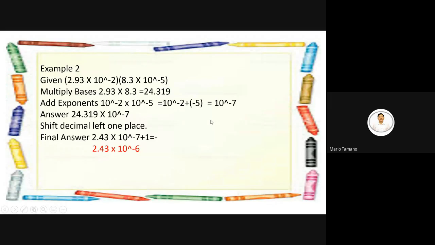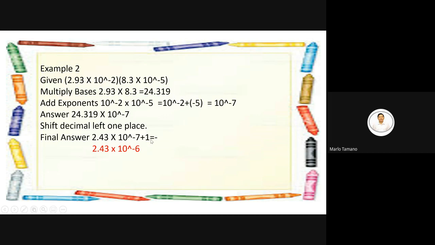Tama? Opo, sir. So, sabi doon sa integers, addition of integers, no? In adding unlike signs, subtract the smaller number and copy the sign of the greater absolute value. 7 minus 1 is 6.